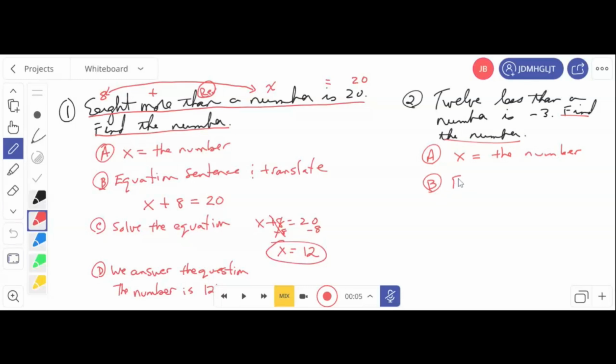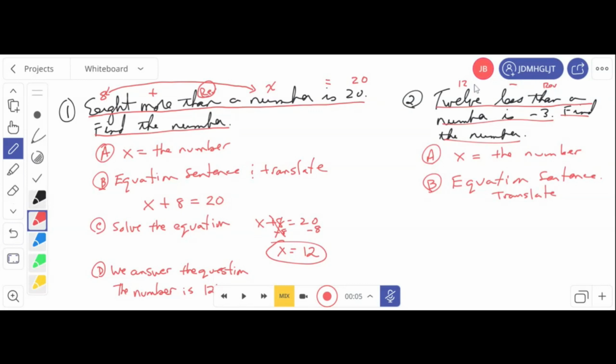The next thing we do is we look for the equation sentence. "12 less than a number is -3." There's our equation sentence. Translate. 12 is a number. Less means subtraction.